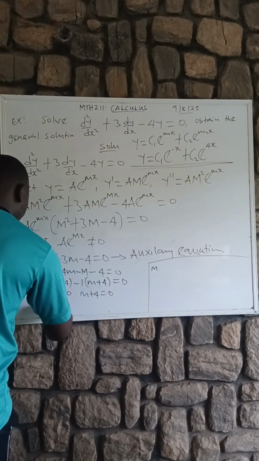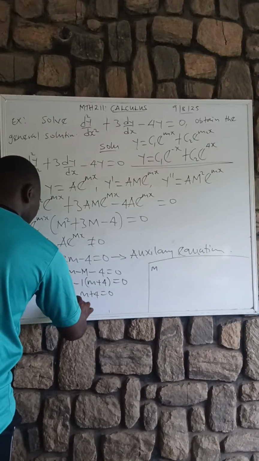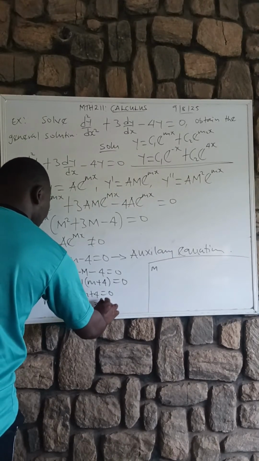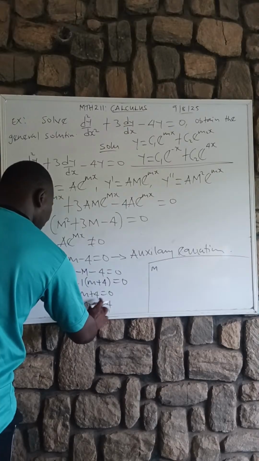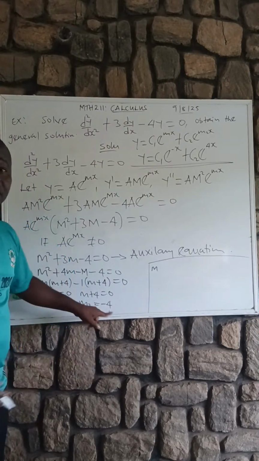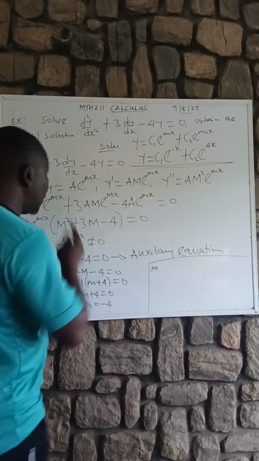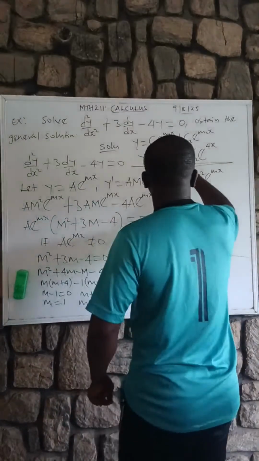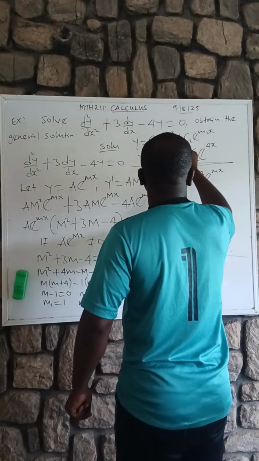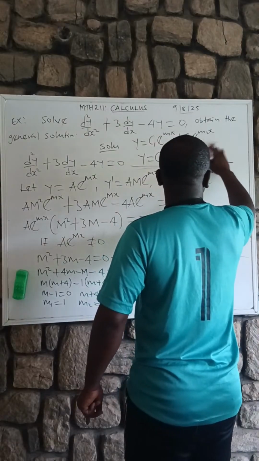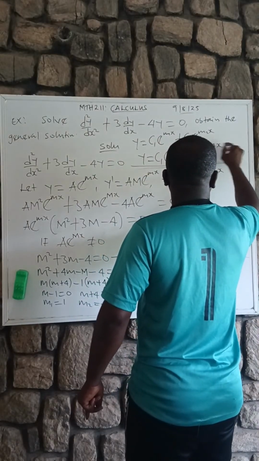So our m1 equals plus 1, and m2 equals minus 4. That is mathematics for you. Please, nobody is above mistakes in mathematics. So here is supposed to be plus x, then here is supposed to be minus 4x.